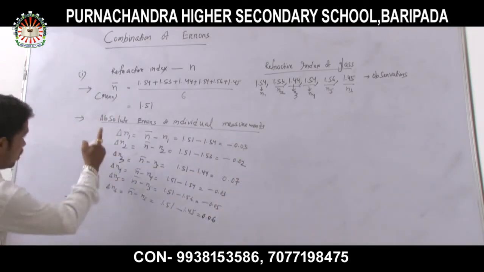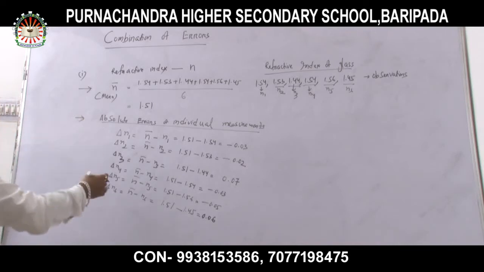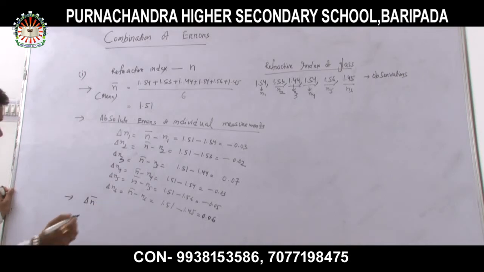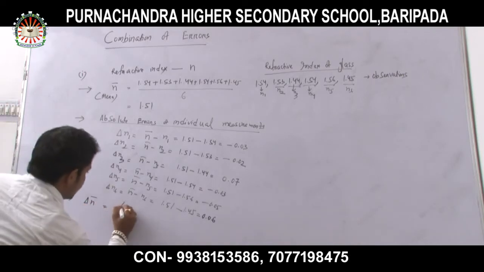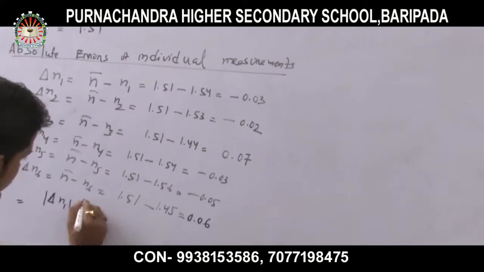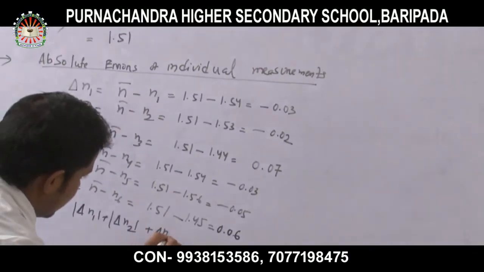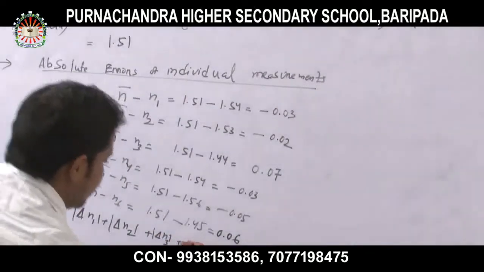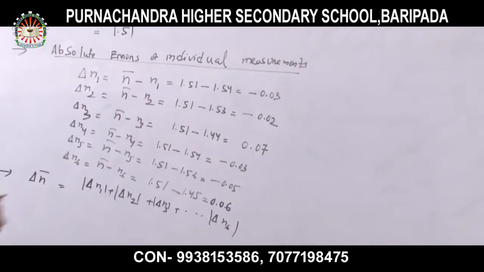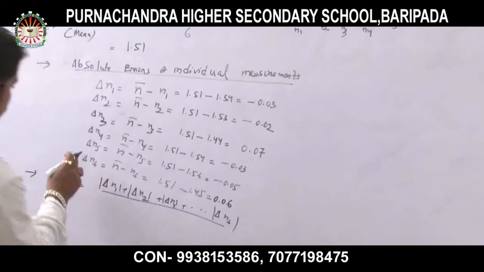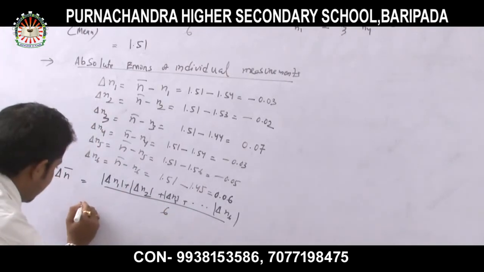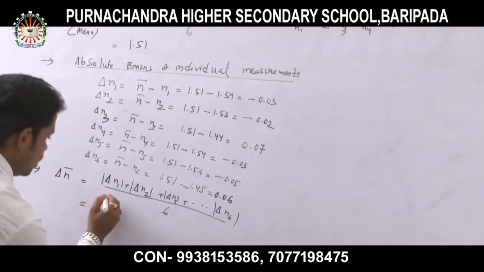Next we have to find the mean of these, that is del n bar. Very simple. Del n bar is equal to del n1 mode, del n2 mode, del n3 mode, going up to del n6 mode, divided by 6.